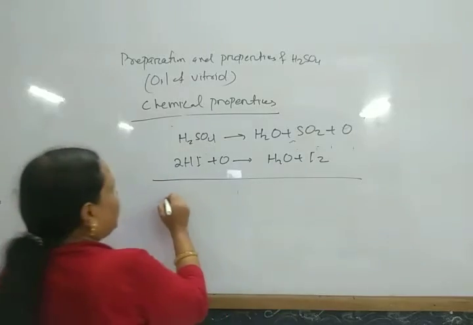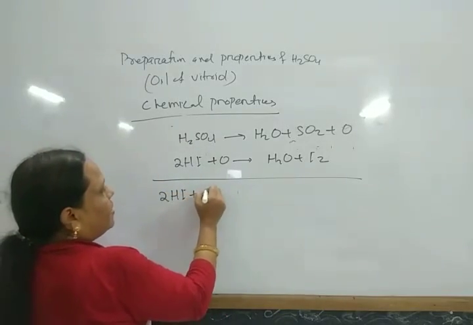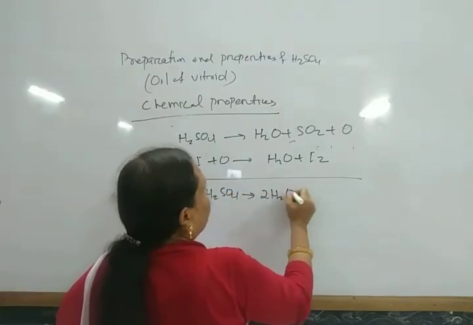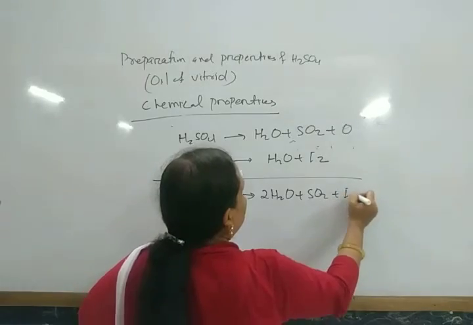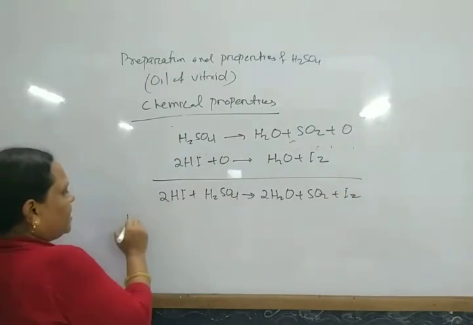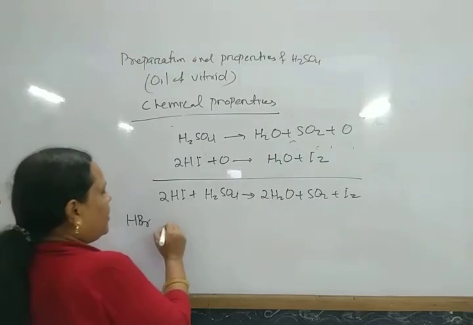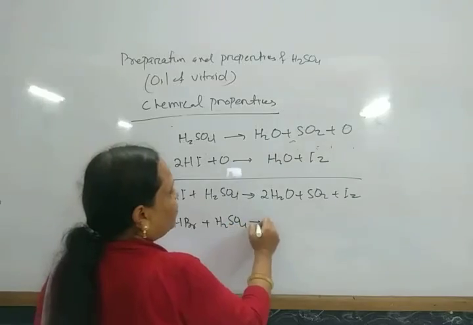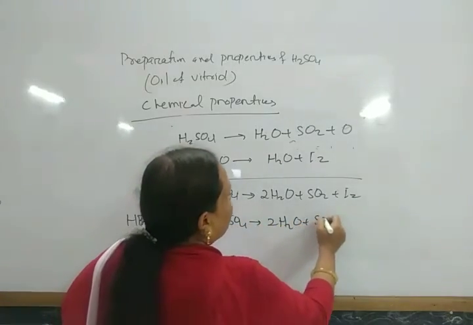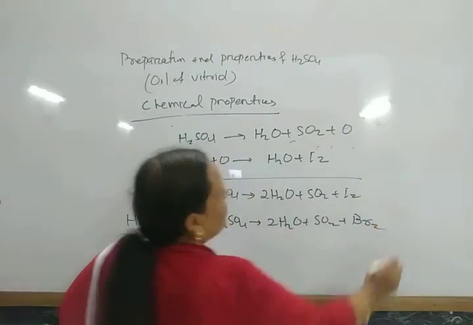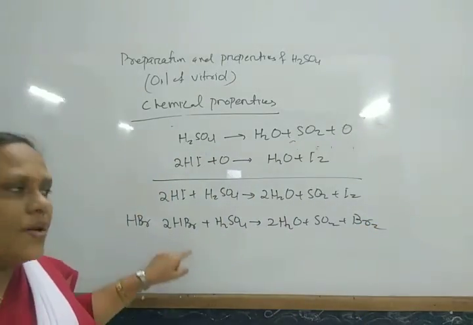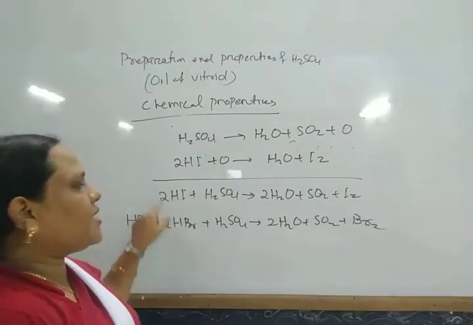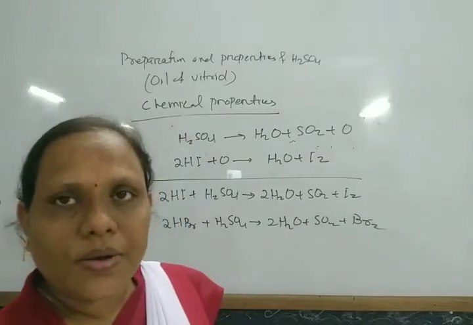So in this way it gives 2HI plus H2SO4, 2H2O, SO2 plus I2. Similarly, when it reacts with hydrobromic acid, it forms 2HBr plus H2SO4 giving bromine. In the same way, it reacts with halogen acids to form halogens. It oxidizes halogen acids to halogens.